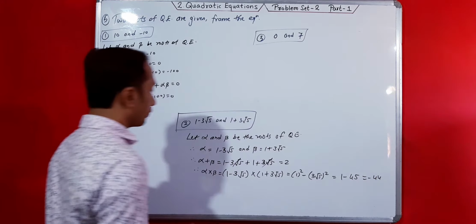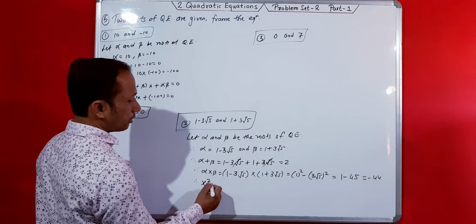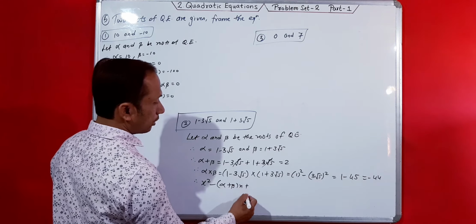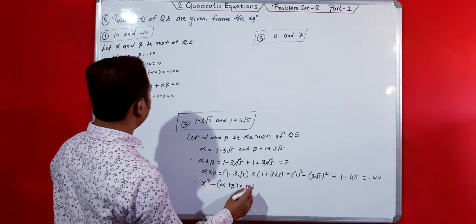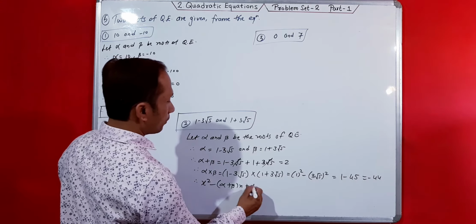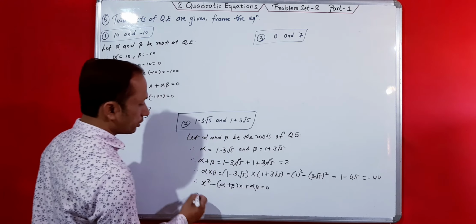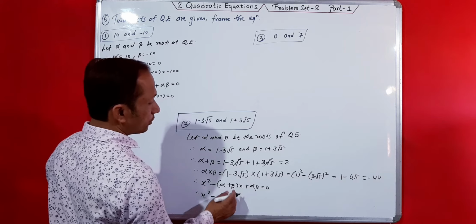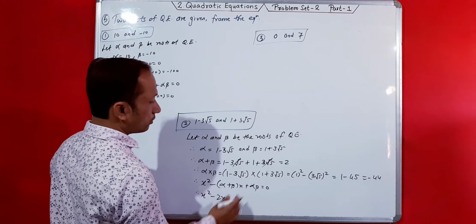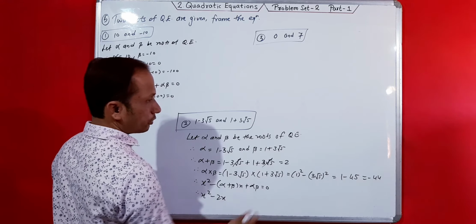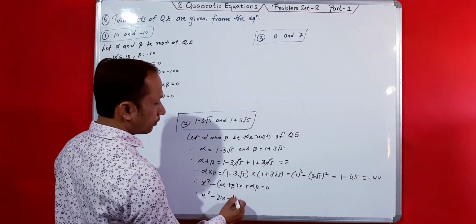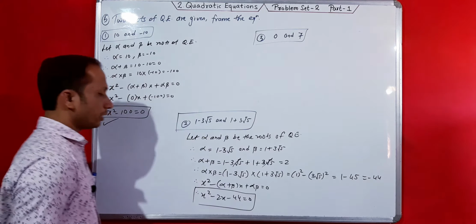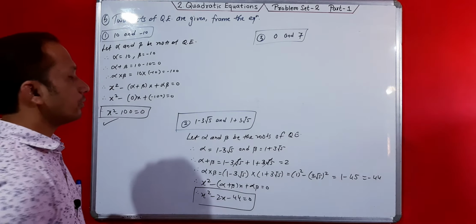Therefore the required equation is x square minus (alpha plus beta) x plus alpha into beta, it is 2x, into minus 44, is equal to 0. So this is the required quadratic equation, x square minus 2x minus 44 is equal to 0.